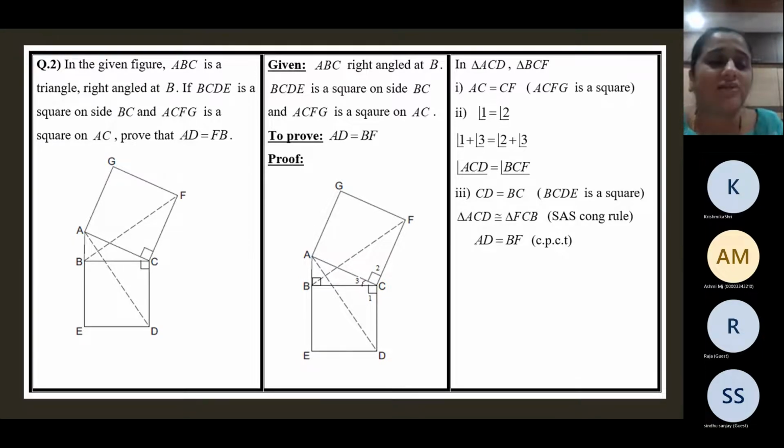Now tell me, will the sides of the two squares be equal? Both of them are squares, no? So will their sides be equal?